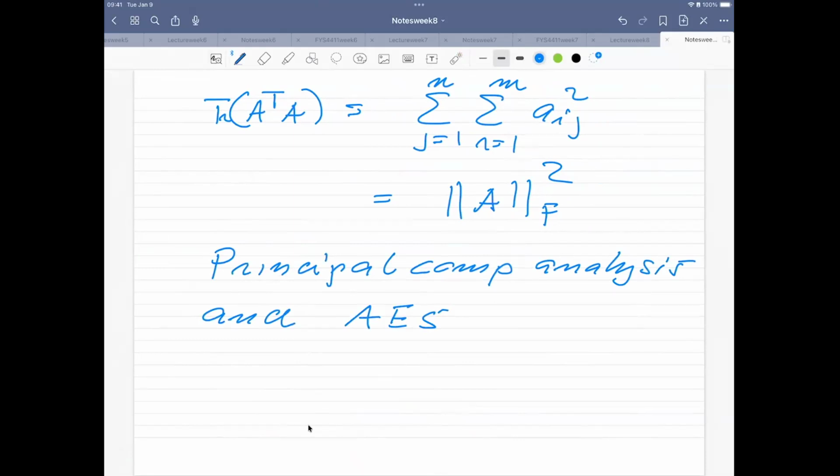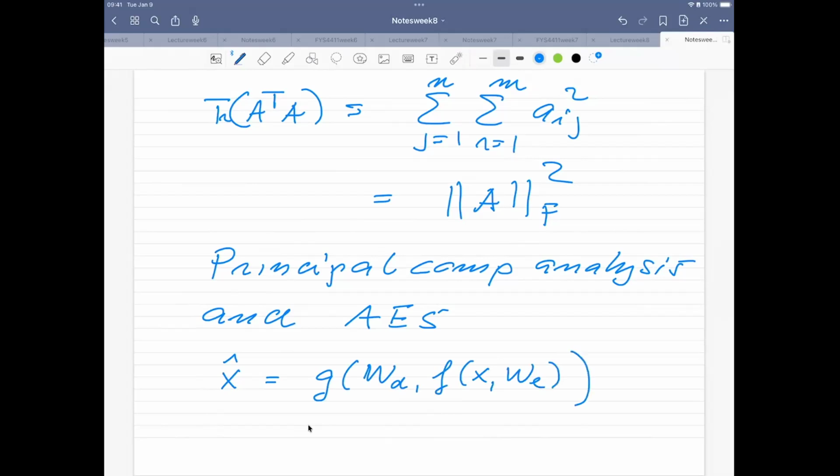Remember now that the new variables which we have, this x of i, is given by a function which we call g, which depends on the parameters h, and has the decoder part, and then it includes this h, which is given by a new function, which depends on the input x and the encoder part, like this.